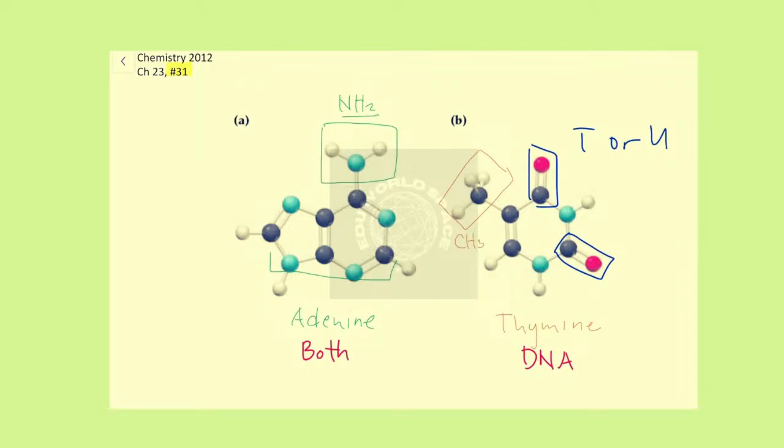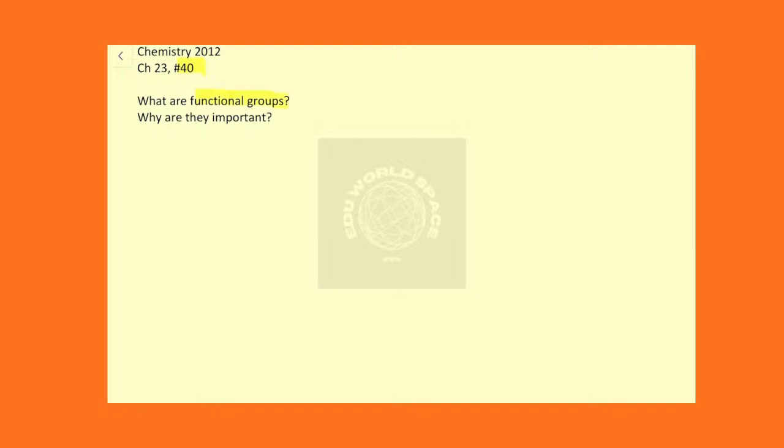Okay, problem 40. What are functional groups? Okay, so functional groups are little compounds or molecules that are connected to a larger molecule. Okay, so it could be just one atom, or it could be a compound, and it is connected to a larger molecule. Now, why are they important though?